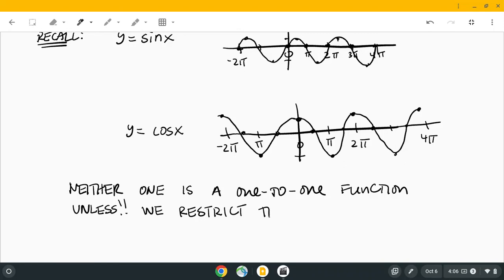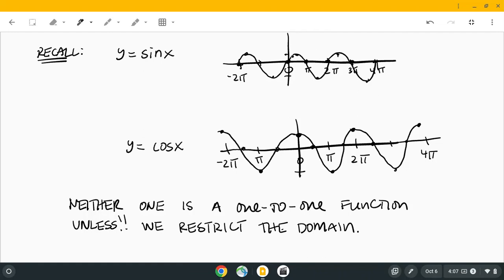If we only look at a portion of the graph, that would make it one-to-one. Let's take a look here. Here we have one sine wave. There are many places that we can start and then stop, and then it would pass the horizontal line test. So definitely not there. Maybe here to here.